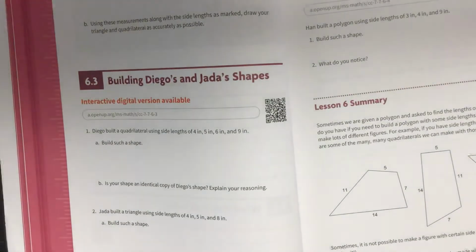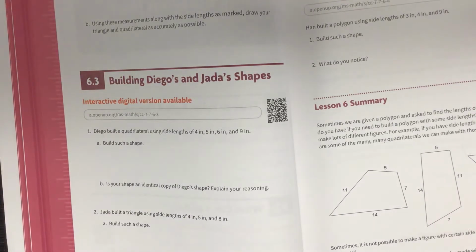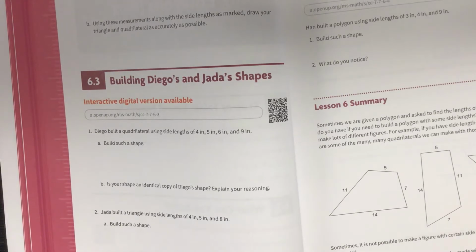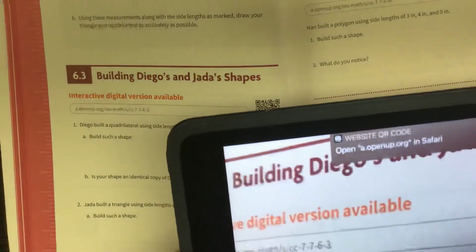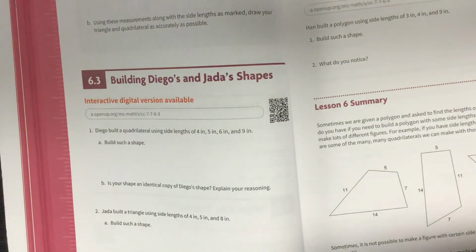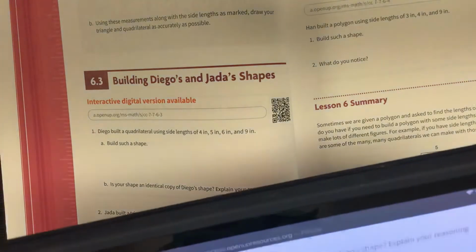Jackson Thornton, would you read it, please? Question 3. Diego built a quadrilateral using side lengths of 4 inch, 5 inch, 6 inch, and 9 inch.